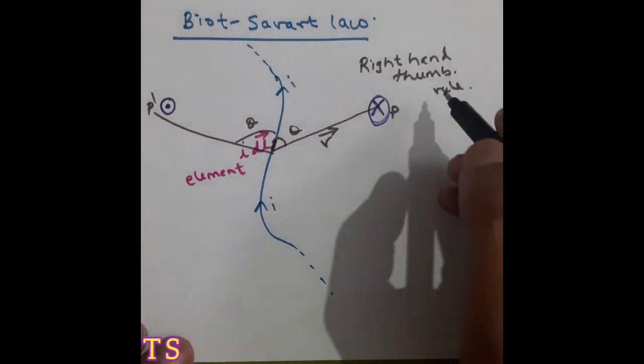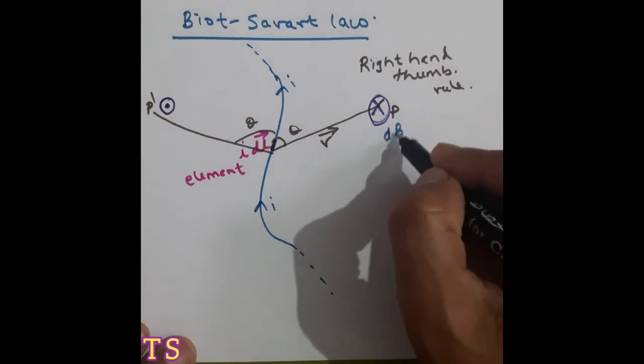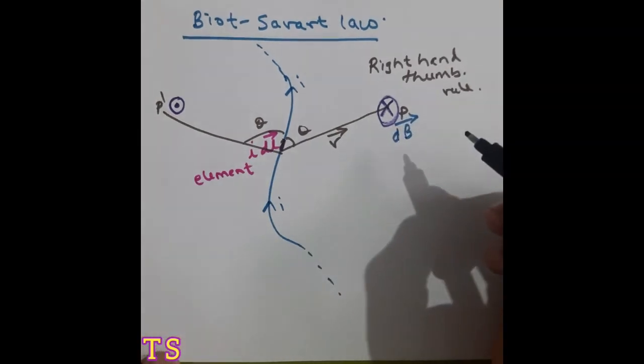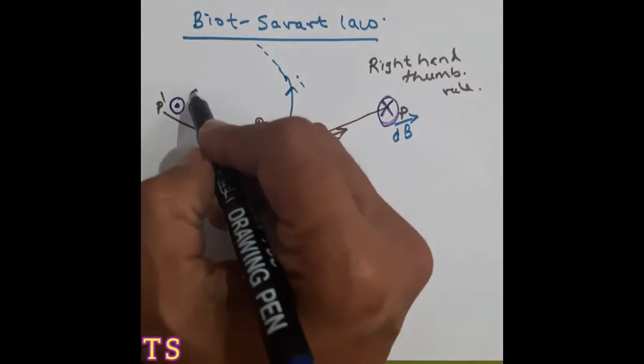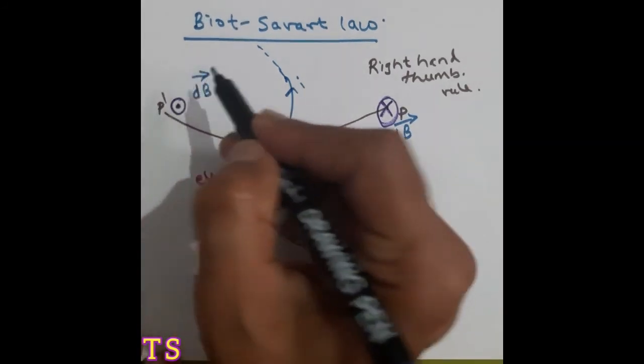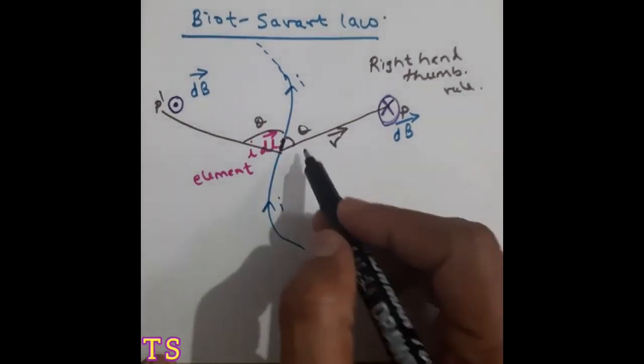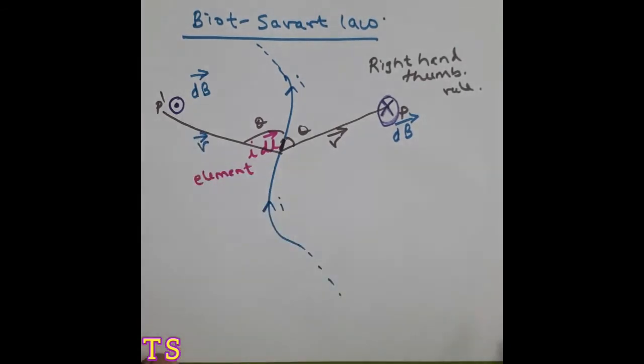So let's say that dB bar is the magnetic field at this end. Then dB bar will be the magnetic field at this end too, because we have taken the position vectors equal.